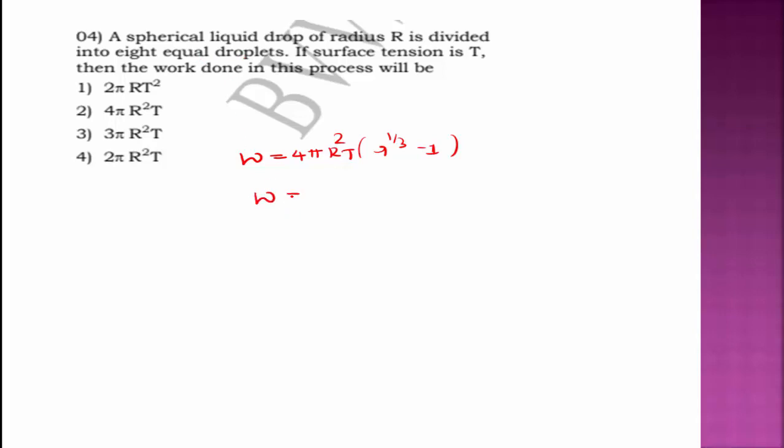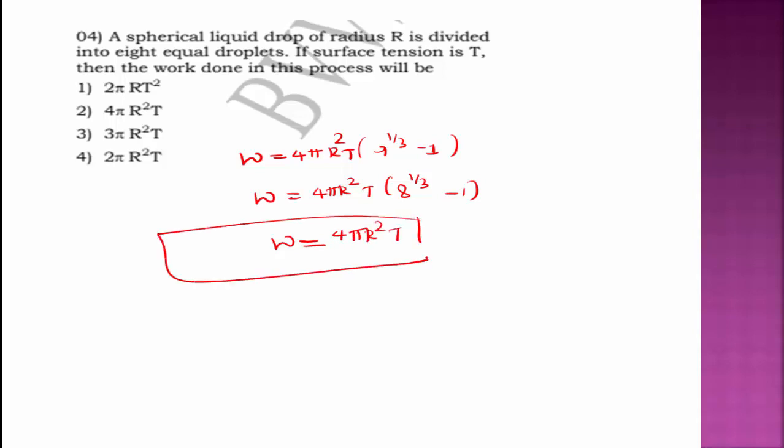Then we write this equation, W is equal to 4πr² into T, with 8 equal droplets, 8 to the power of 1/3 minus 1. Therefore the surface tension is T, then the work done in this process W is equal to 4πr² into T. Option 2 is the right answer.